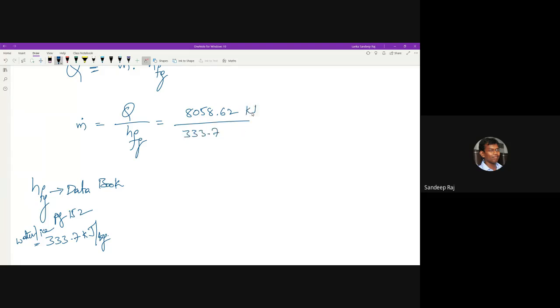This one is in kilojoule per second. Sorry, this is in joule per second, right? This is not in kilojoule per second, this is in kilojoule per kg. Oh no, it is joule per second.